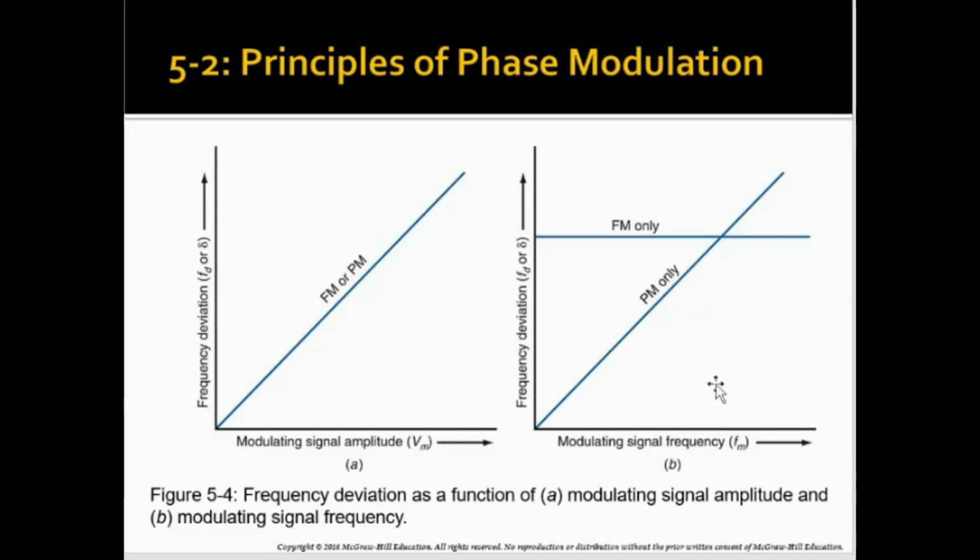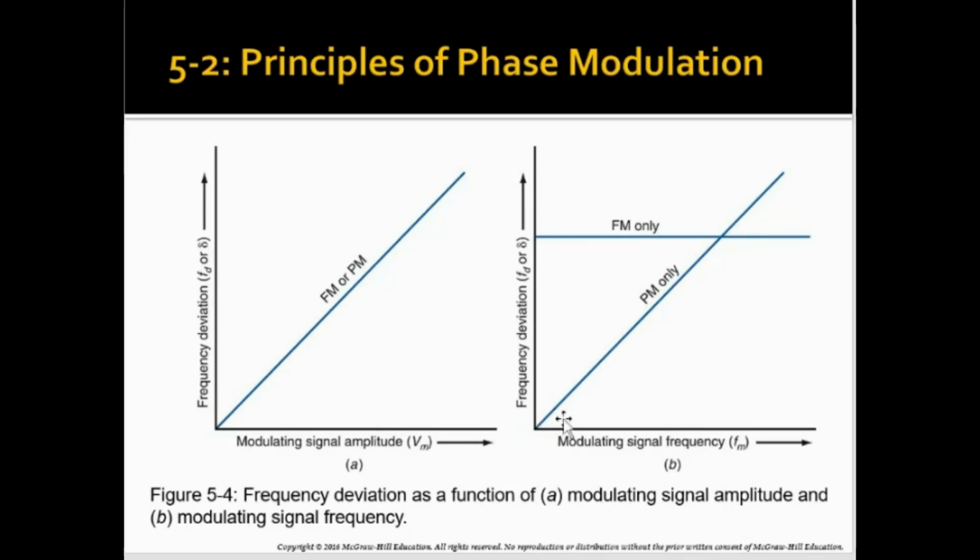Now you look at the second graph on the right side, or graph B. The x-axis is modulating signal frequency, which is FM, and the y-axis is frequency deviation again. For FM, the frequency deviation remains constant when the frequency of the modulating signal changes.